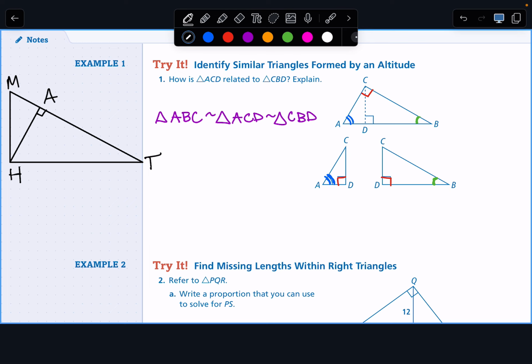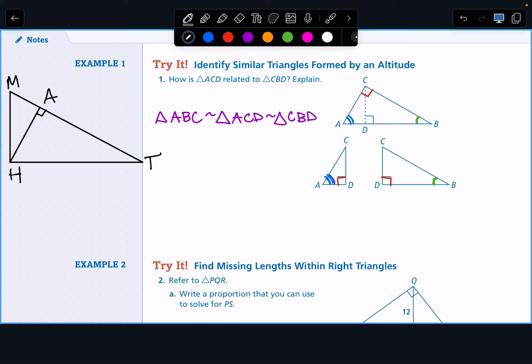So if this one is the same as this one, then its third angle has to be the same. And same thing because of the right angle that was cut. So these are all similar by angle, angle.